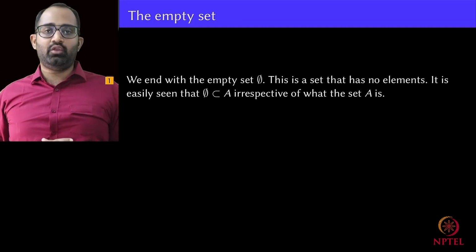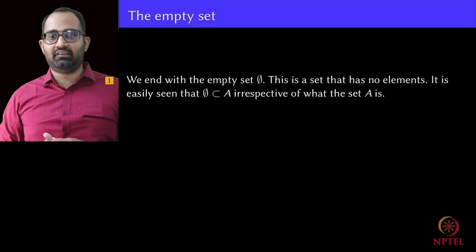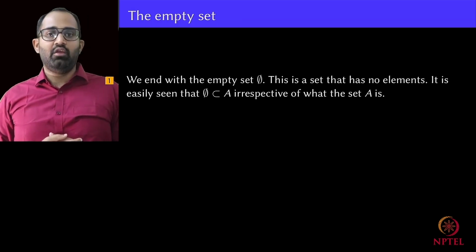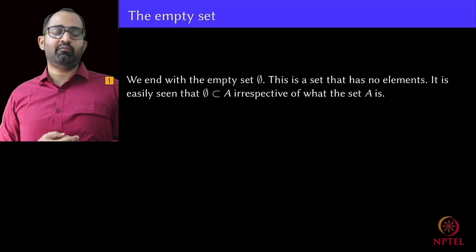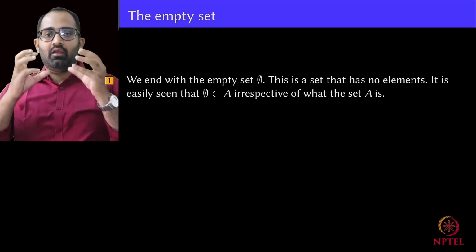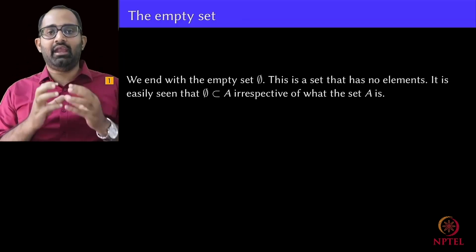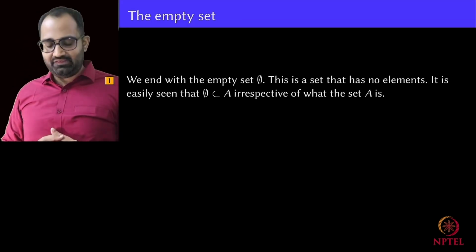So, if you were brave enough at this stage to study axiomatic set theory from the book by Halmos, you will notice that among the axioms of set theory, popularly called the Zermelo-Fraenkel axioms, the existence of the empty set is taken as an axiom, right? So what is the empty set?